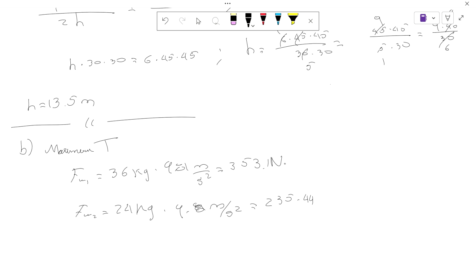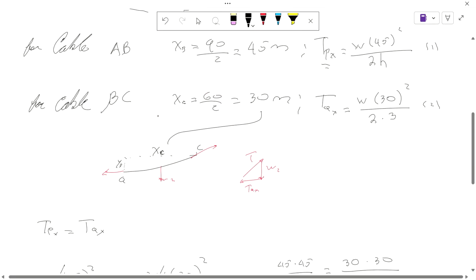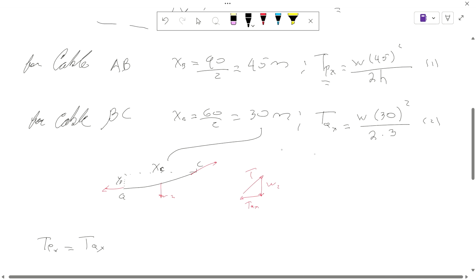So what we can do now is go back to our equation here and find what is our tension. So with this equation right here, we can find the tension.